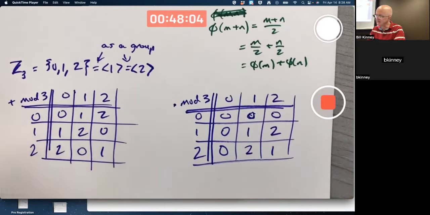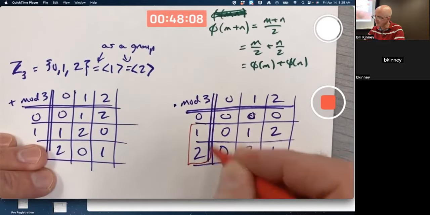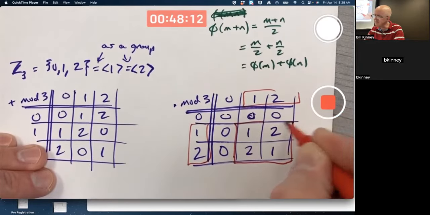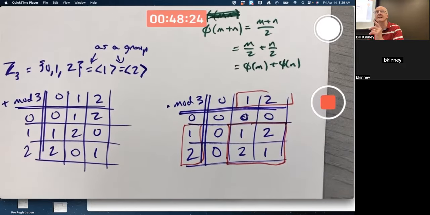If I did just focus on the 1 and the 2, get rid of 0, and consider this subtable under multiplication mod 3, that would be a group under multiplication mod 3. Group isomorphic to Z2, 1 would be the identity.